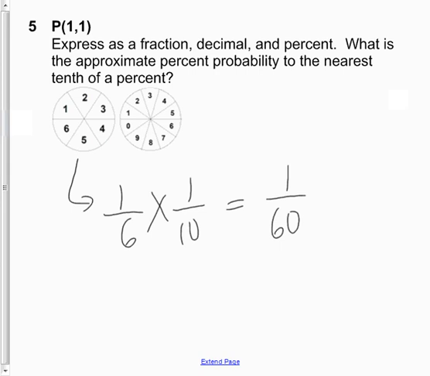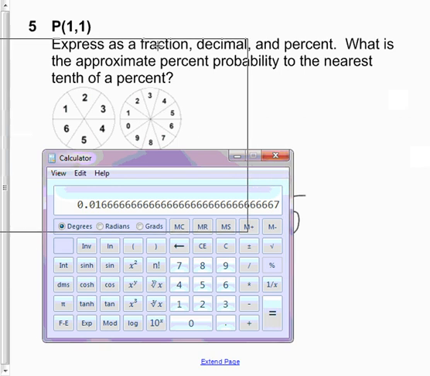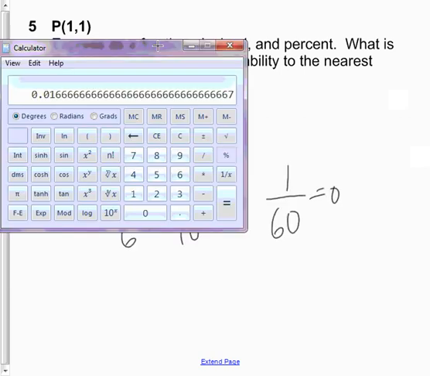That is your fraction. As a decimal, 1 divided by 60 is 0.016 repeating. And as a percent, 1.6 repeating percent, but rounded would be 1.7-ish percent.